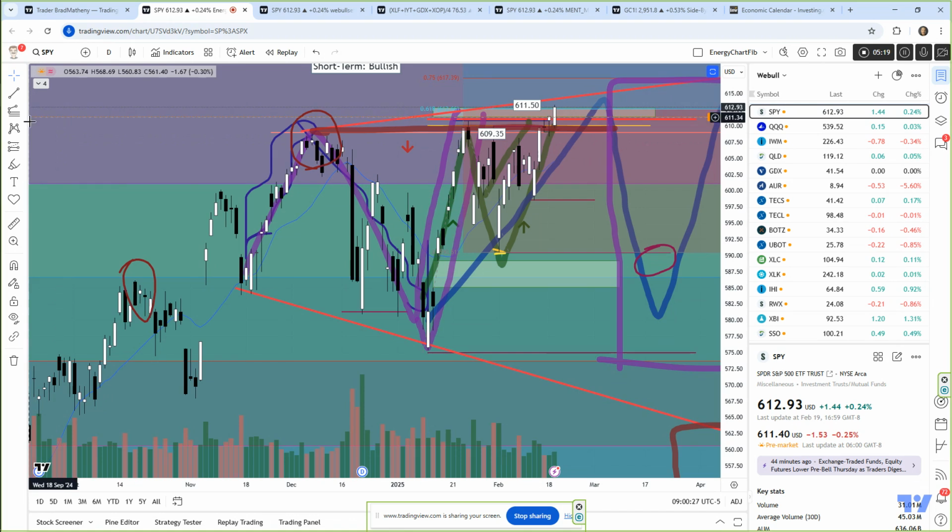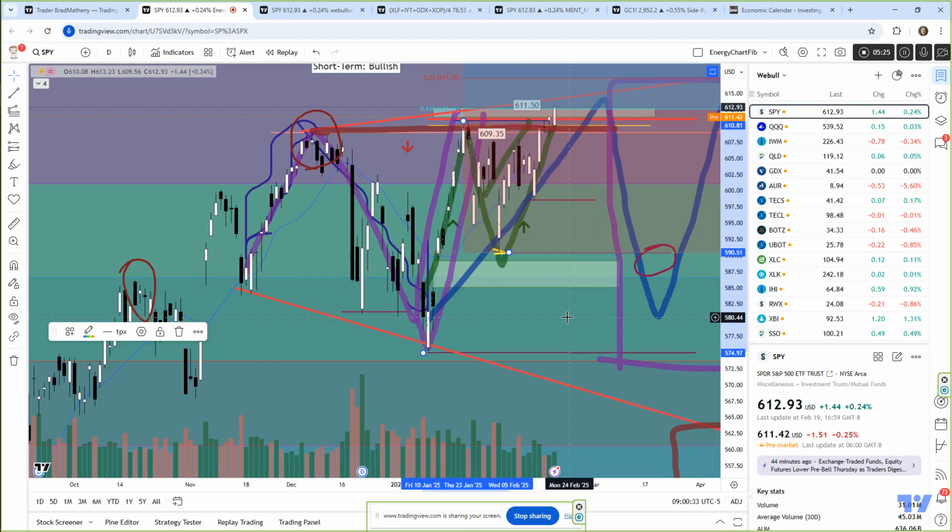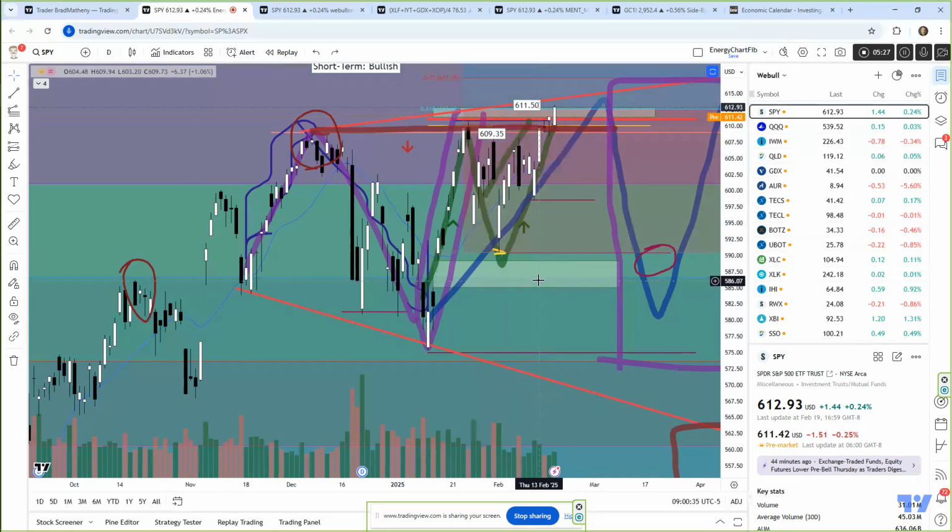We'd have to go all the way back to, oop, I want that. That's a pullback. We would have to go all the way back from current levels down to here, 2.5% pullback down to this low, 3.5%, 3.6% pullback, and a 6.18% pullback.